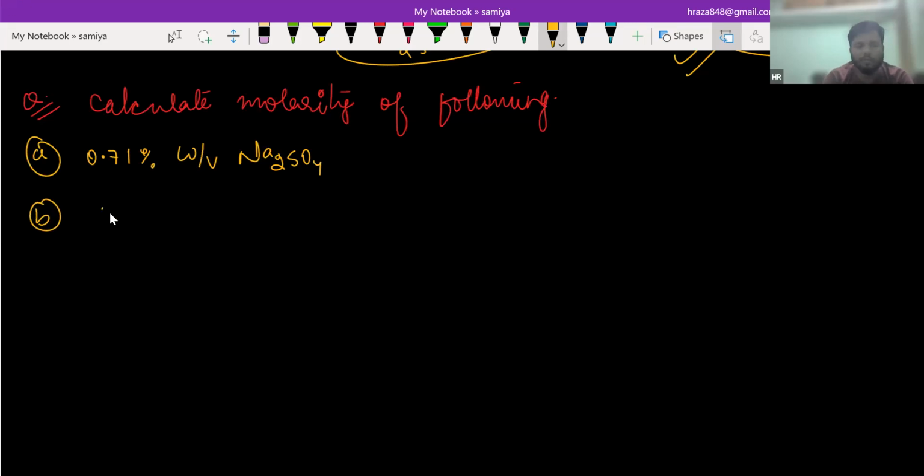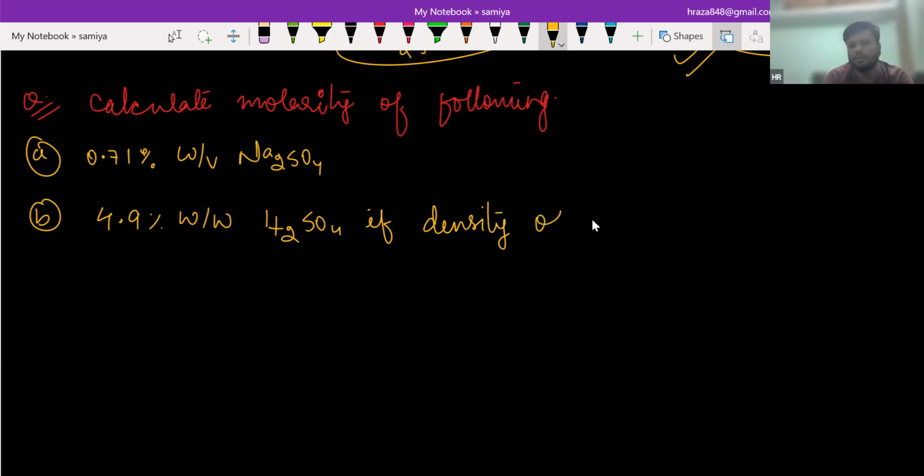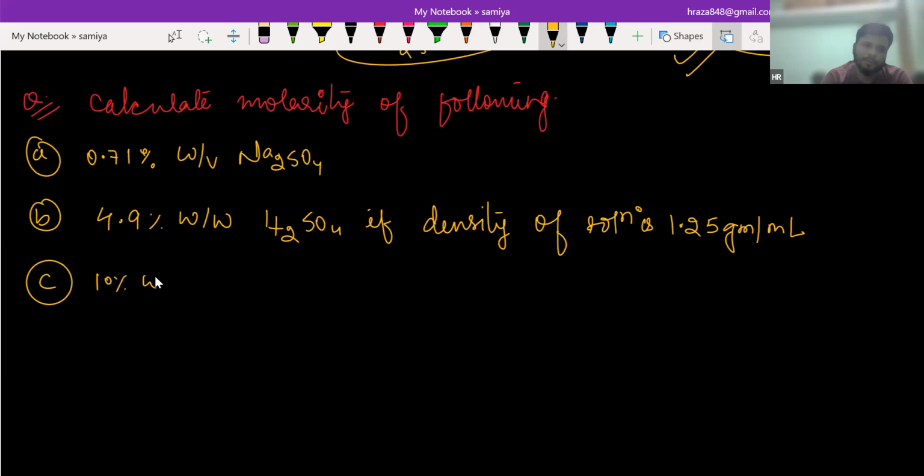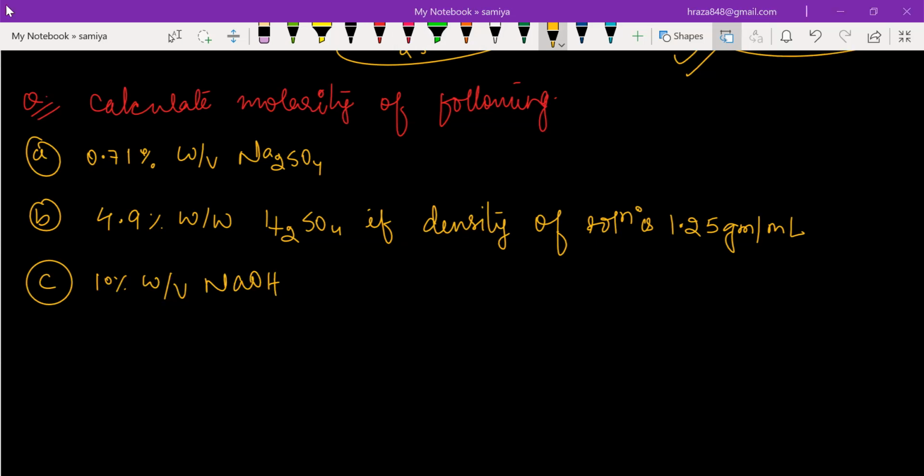The second one, 4.9% weight by weight H2SO4, if the density of solution is 1.25 gram per ml. C, 10% weight by volume NaOH. Please do this question and tell me the answer one by one.